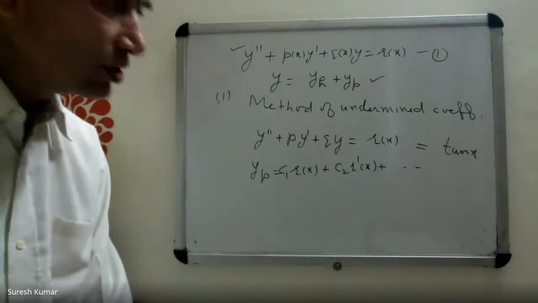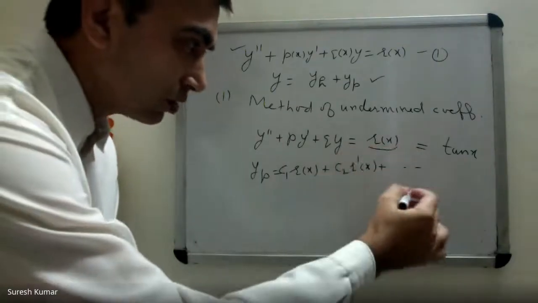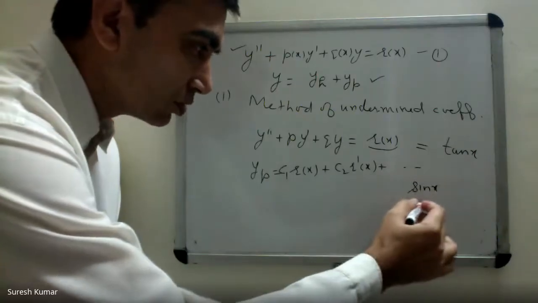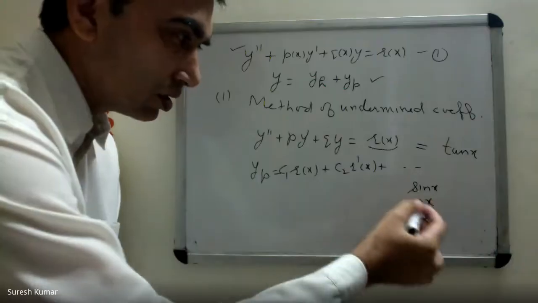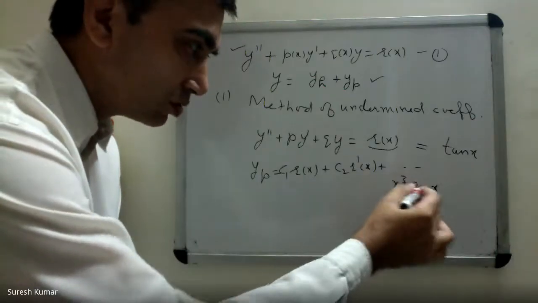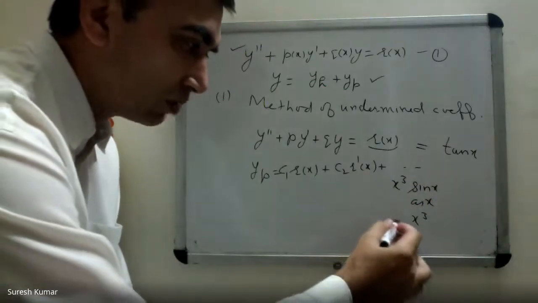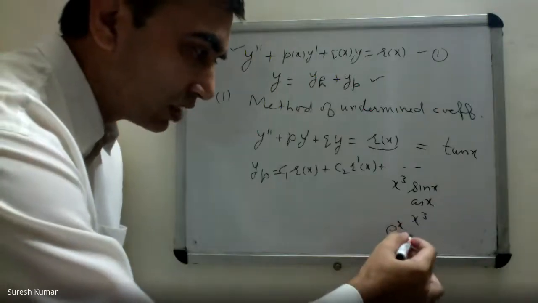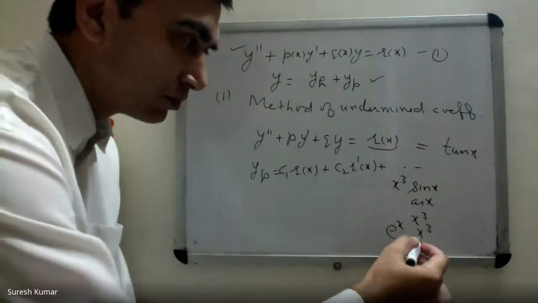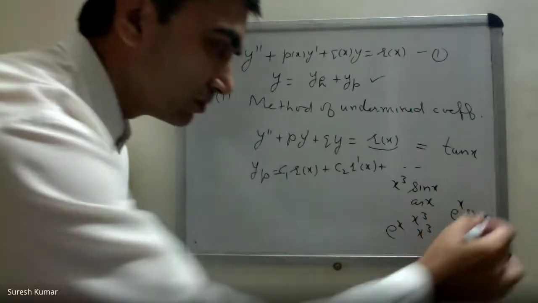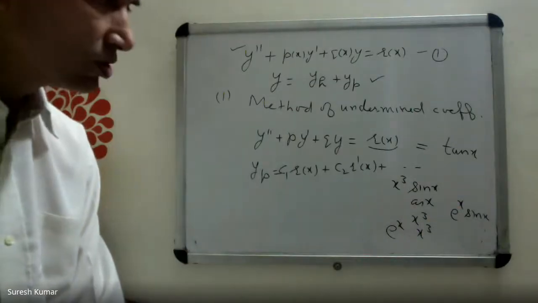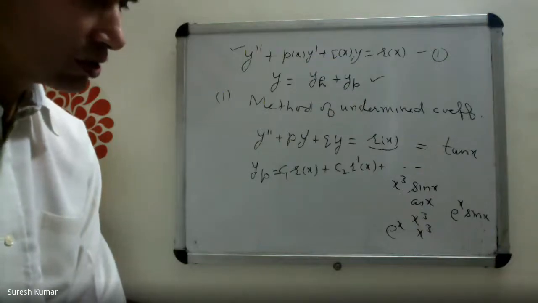So which kind of functions can you deal with? For example, sin x, cos x, some polynomial, polynomial into sin x or cos x, or e^x into some polynomial, or e^x into sin x, something like this. This type of function you can deal with using the method of undetermined coefficients.